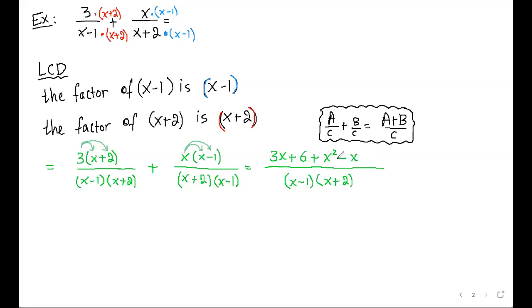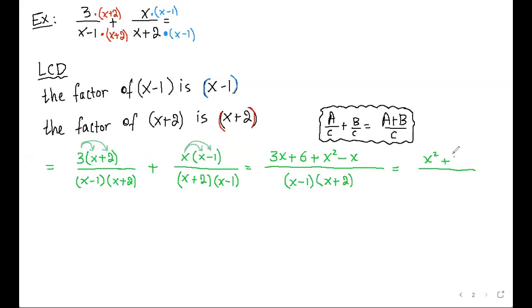Now here, this is like adding polynomials like we learned from the previous section. What is the answer for this one? We add the polynomials here. What is the simplification? We don't have any other x squared, so we just keep x squared. We have 3x and we have minus x. What does that mean?